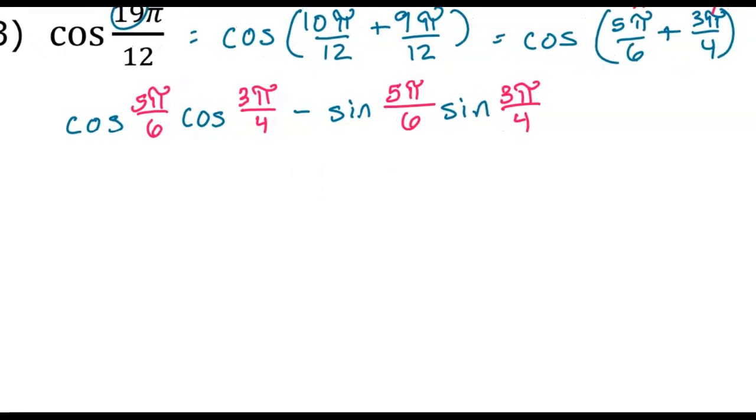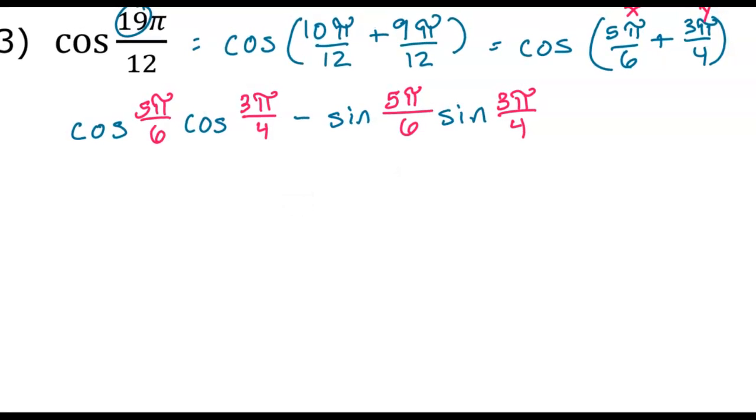Okay, so what is the cosine of 5 pi over 6? The cosine. Good. What's the cosine of 3 pi over 4? Good. Minus, what's the sine of 5 pi over 6? And then what's the sine of 3 pi over 4?